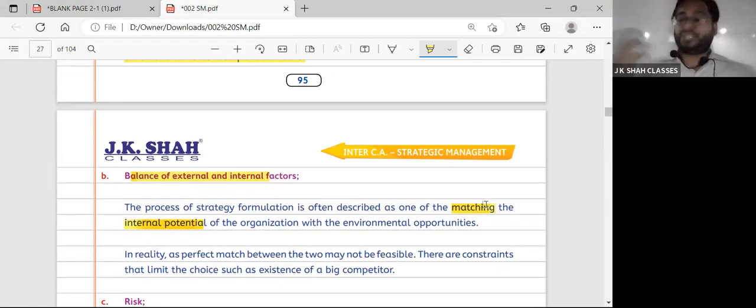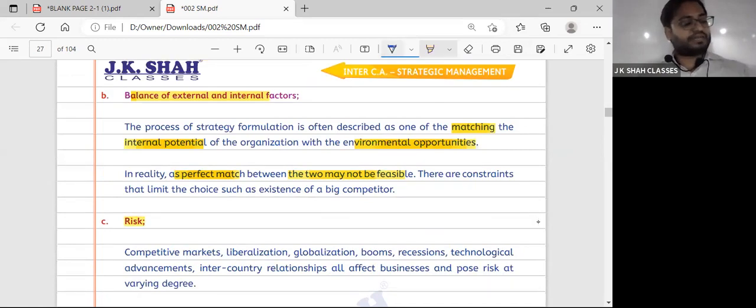You need to match your internal strengths with environmental opportunity. Will there be a perfect match? There will not be a perfect match between the two. Risk. All these are examples of risk, guys.